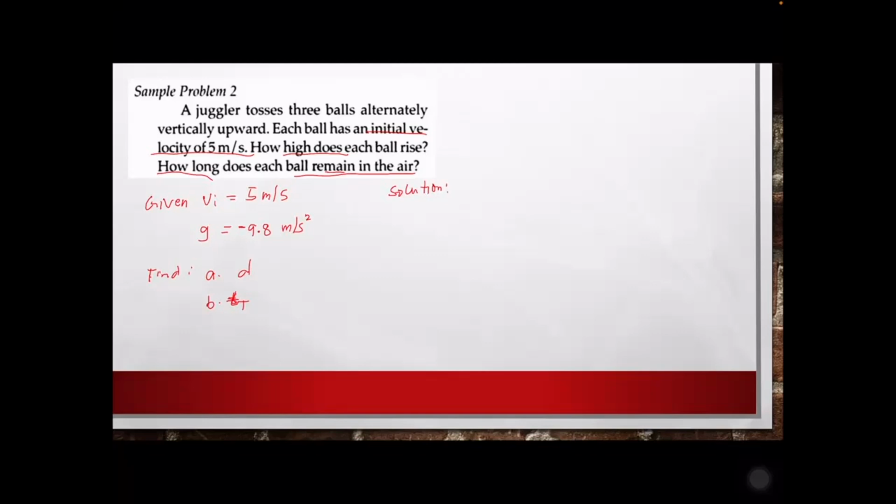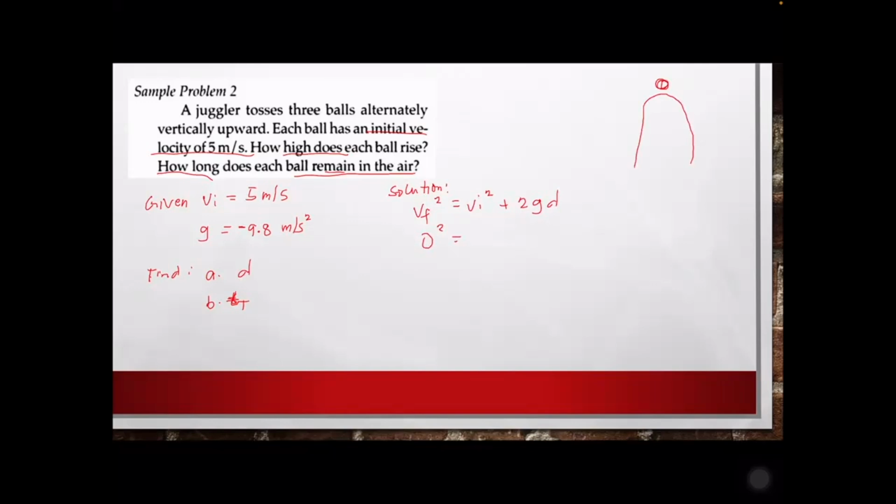To find the distance, pwede tayong gumamit ng Vf squared is equal to Vi squared plus 2gd. Meron tayo niyan kanina, balikan nyo na lang. Since titigil siya sa taas, magkakaroon tayo ng final velocity na 0.